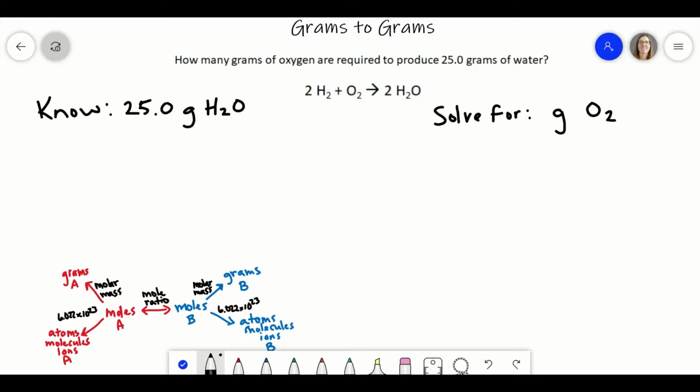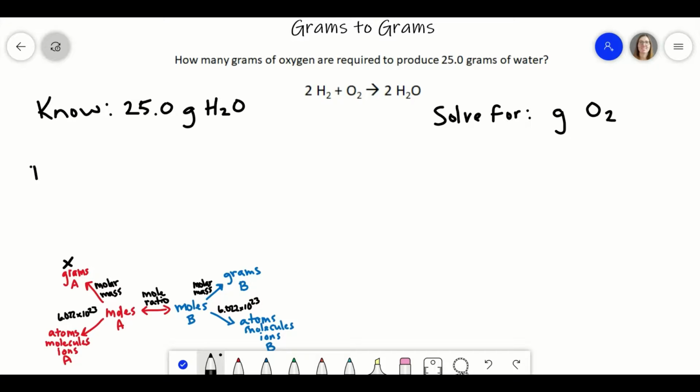And to come up with the plan to go from grams of water to grams of oxygen, I'm going to use the guide. So I'm starting with grams of a substance, and we'll call that substance A. So H2O is our substance A, and it would be right here on our chart.